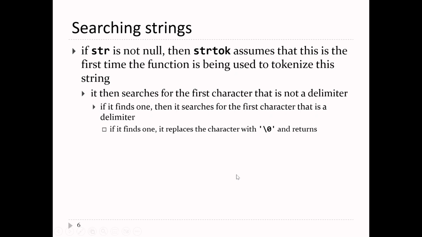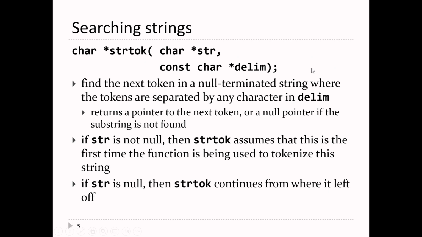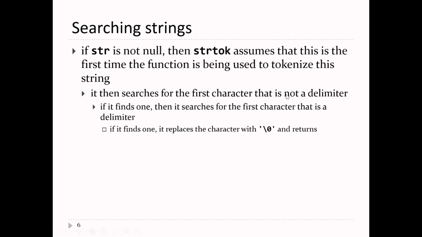All right, so if it's not null, then the function assumes that you're trying to split the string for the first time. The way it works is it searches for the first character that's not one of your delimiter characters, so not one of your separator characters here. It's looking for the start of the first field. If it finds one, then it searches for the first occurrence of a delimiter character.